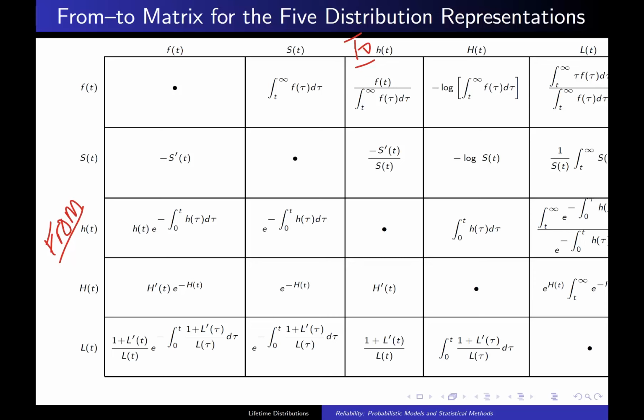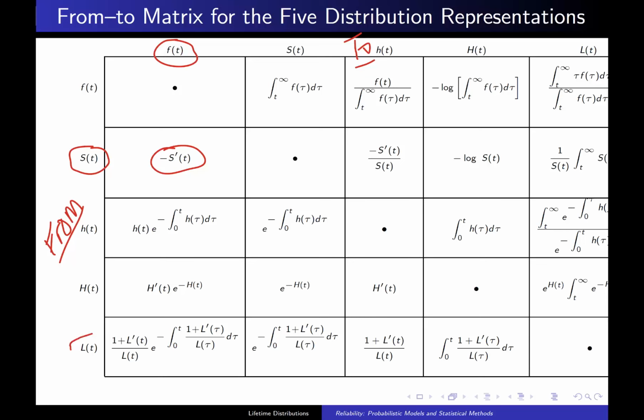This is another way of saying once you have one of these lifetime distribution representations, then you can get to the other 4. So as an example, let's say you have the survivor function and you would like to get the density function. What this says is just take a derivative and negate.